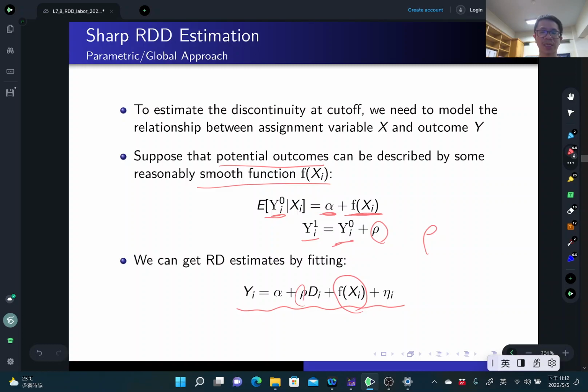This coefficient captures the discontinuity estimate at the cutoff. As in the previous slide, this discontinuity means the difference between the outcome for the people just above the cutoff and the outcome for the people just below the cutoff. Their outcome difference can help us identify the causal effect around the cutoff. So this rho is the key thing we want to estimate.